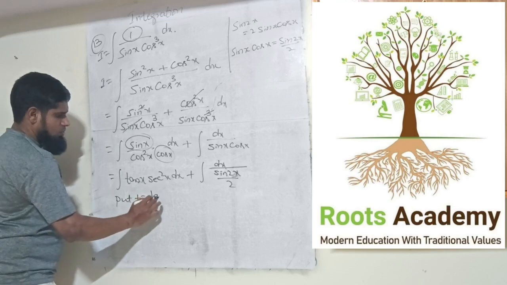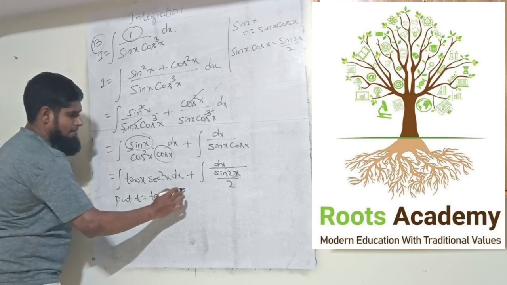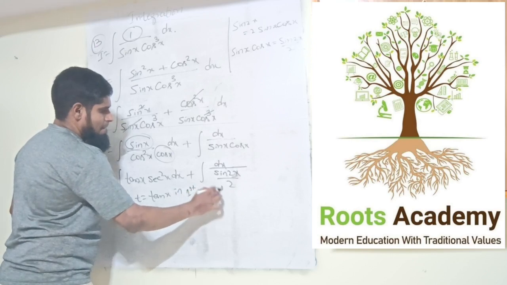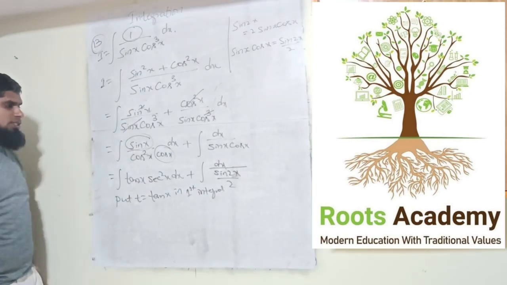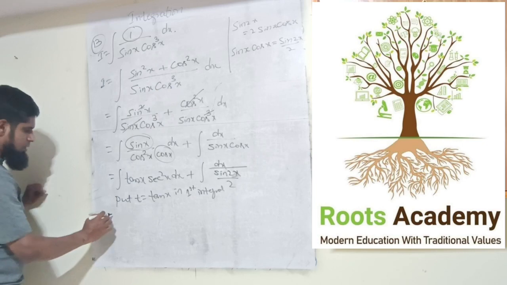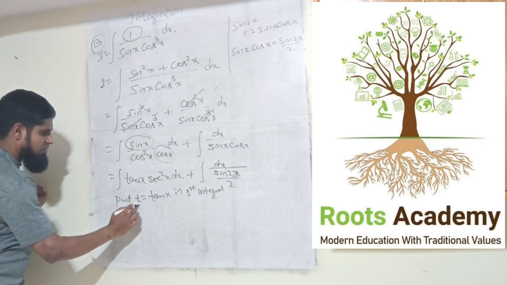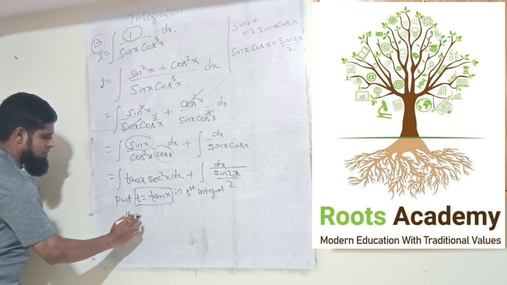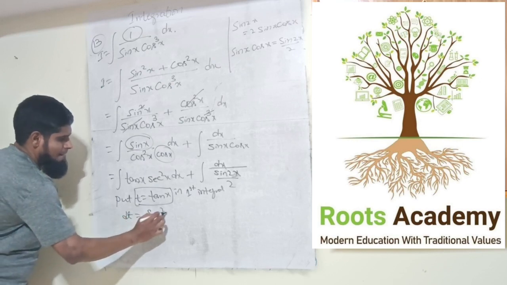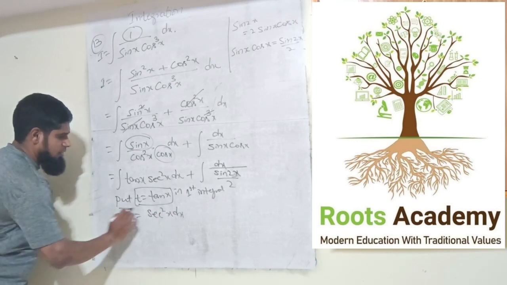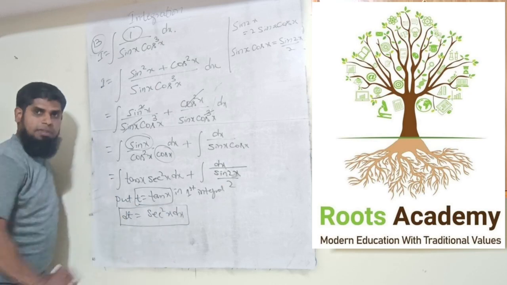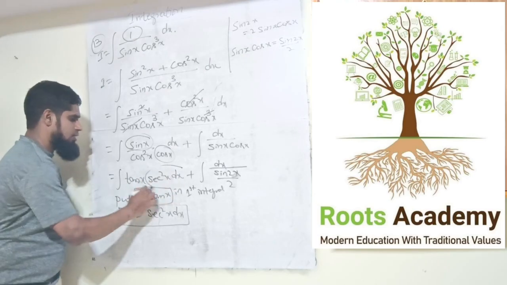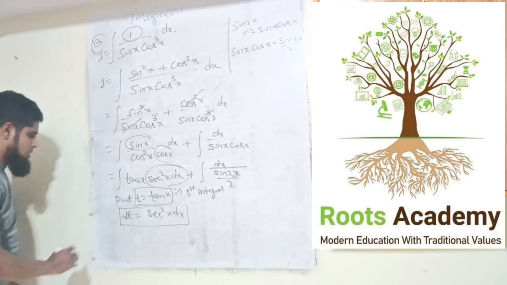Put t equals tan x in our first integral. The second integral stays as it is, no changes, we will just simplify it. So what do I get? If I differentiate t with respect to x, the value of dt is secant square x dx. The value of dt is secant square x dx, which exists in my first integral.